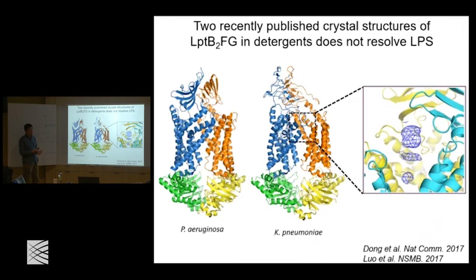They suspect those are LPS, but since it's very weak, they could not do modeling. Comparing this result and our cryo-EM structure, we think what happened is that when the protein is purified, in their group or in our group, they always have LPS bound inside to start with. But during the prolonged crystallization process, LPS probably gradually dissociates.